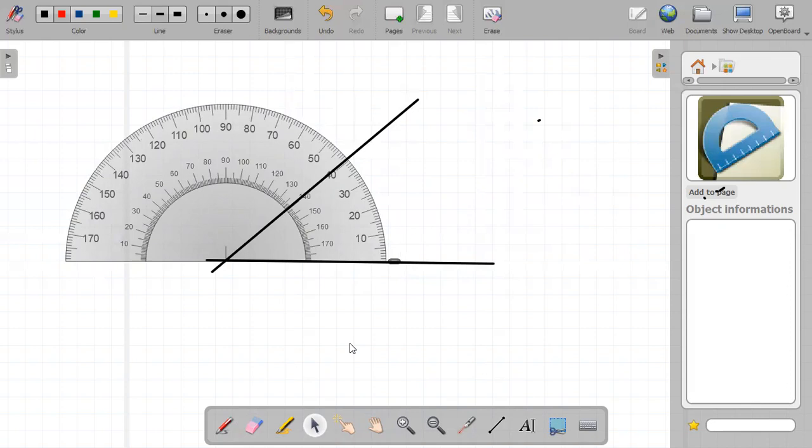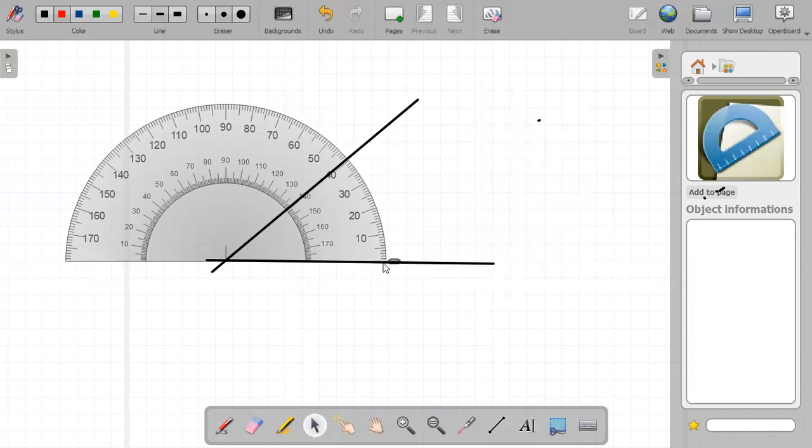In my protector, I place the 0 of the outer scale on the arm. Can you see? Please look at the diagram. Look at the screen. I kept the outer scale 0 of my protector on the one arm, right?